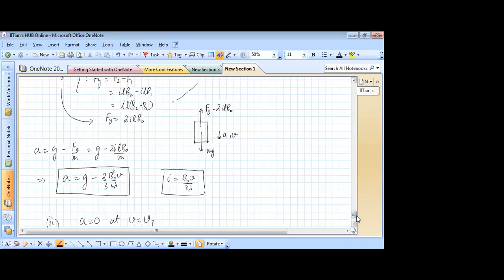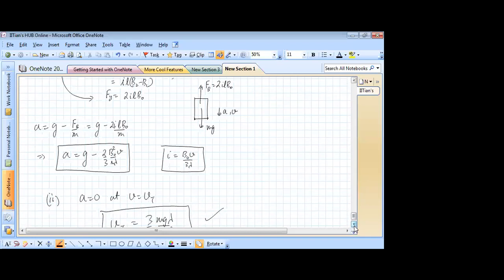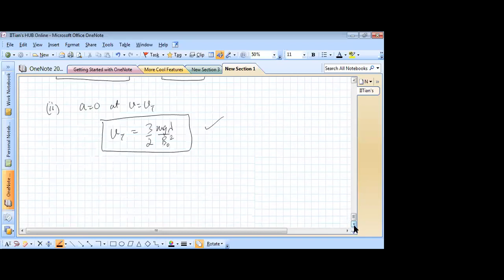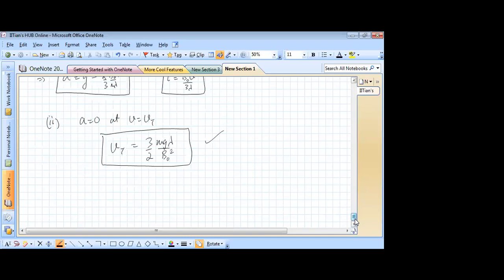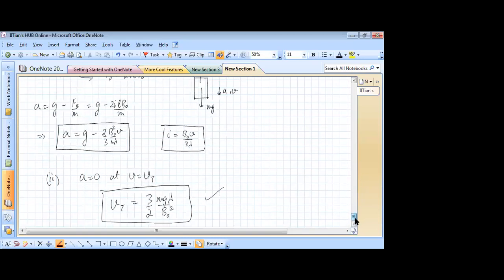Hope this is clear. There is a doubt: L is missing in the denominator. Will there be an L in the denominator? Yes, sorry. So there will be an L here also.